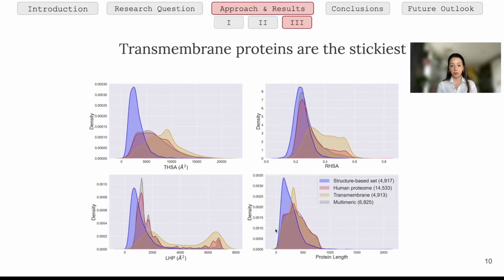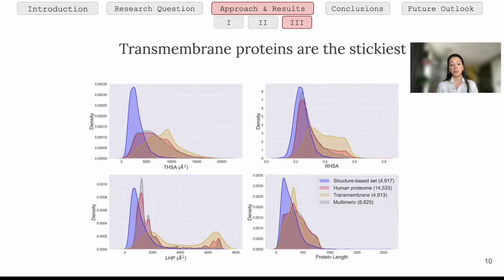Proteins in structure-based datasets appear to be smaller compared to those in the curated human proteome, if you look at the protein length. In line with this, we see that the THSA and LHB distributions are strongly shifted towards the right-hand side compared to the structure-based data, most likely due to the larger size of the proteins in the human proteome.